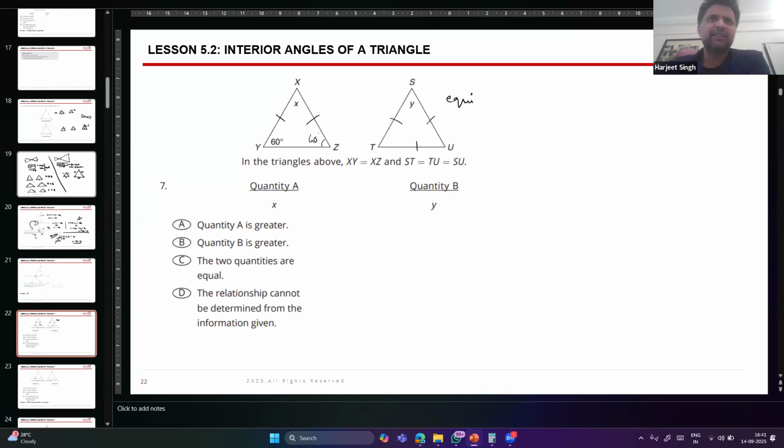So the corresponding angles are the same for an isosceles triangle. And if these two are 60, small x will also be 60, which means even this is an equilateral triangle. Which means both of these, x and y, are 60.